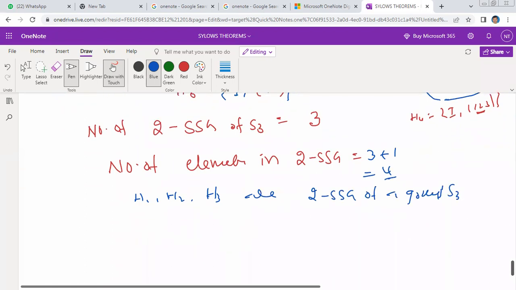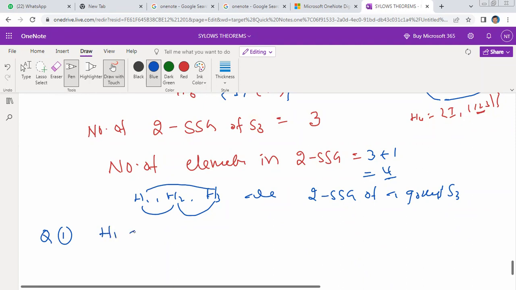Then my next question: what is our Sylow second theorem? By the second theorem, any 2 Sylow p-subgroups are conjugate. Are H1 and H2 conjugate? Are H1 and H3 conjugate? Are H2 and H3 conjugate?